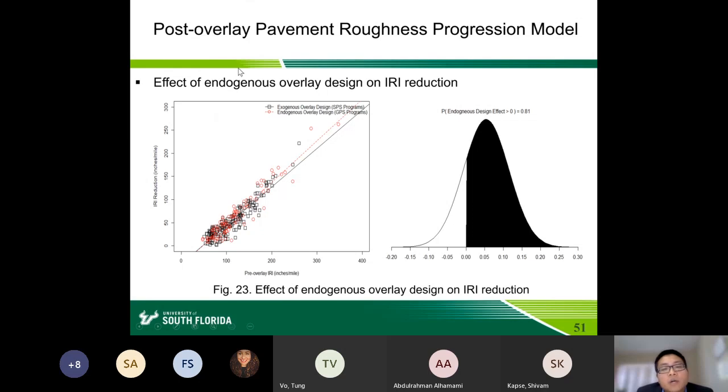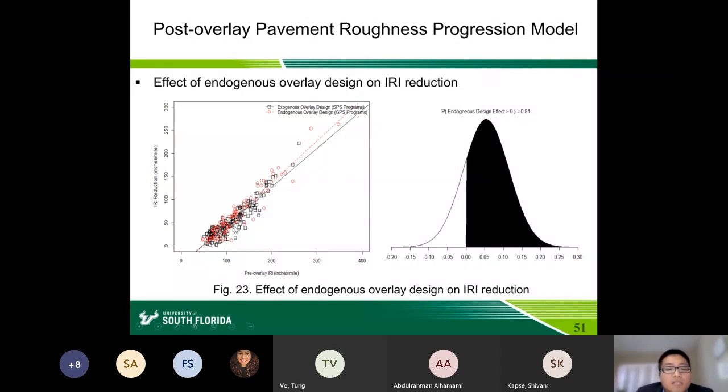The endogenous overlay design issue was illustrated in figure 27. As we can see in figure 27, the left figure, if the pavement is endogenous, like GPS data, it means the pavement overlay policy was determined by highway engineers, not determined by random selection.